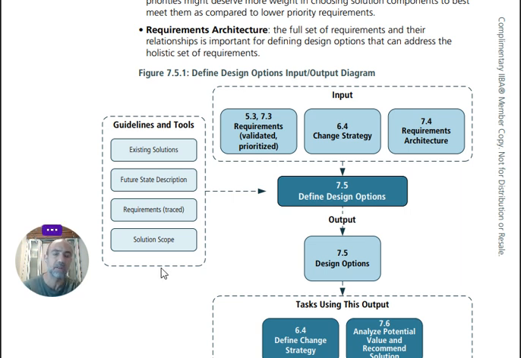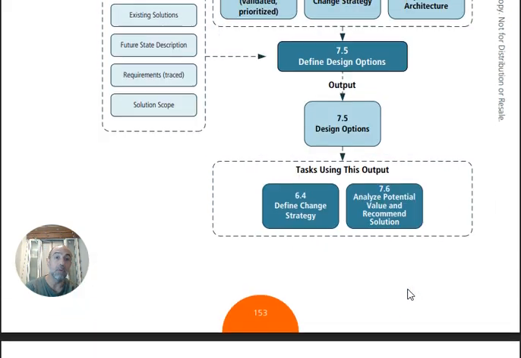I told you guys. And we need the change strategy from 7.4, which is the strategy of change that comes after analysis of the current state, defining the future state, and assessing the risks we're going to be taking in our process. And requirements architecture, which we talked about in the previous chapter.